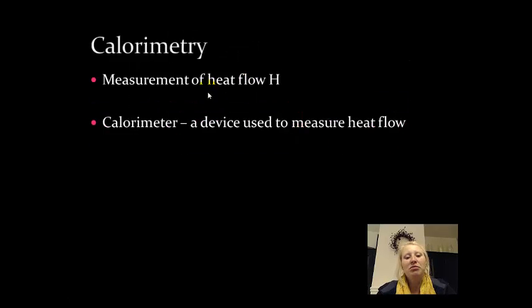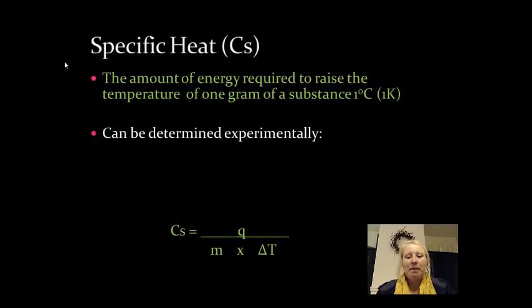In order to measure heat flow, we perform something known as calorimetry. A calorimeter is a device that's used to measure heat flow, for example to measure the change in enthalpy in a reaction. Now remember, specific heat is the amount of energy required to raise the temperature of 1 gram of substance 1 degree Celsius, which is the same as 1 Kelvin.